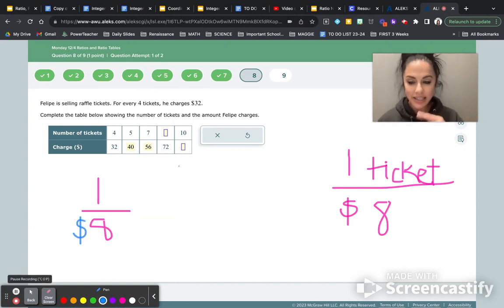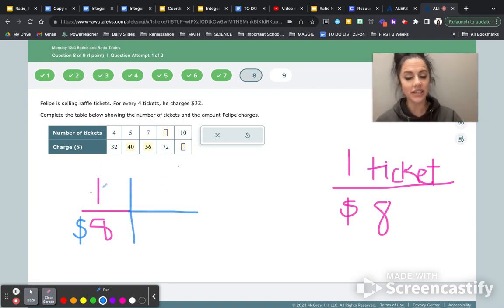And just to stick in the same pattern that we're in right now, I'm going to skip over this middle one because it's asking you to find the opposite. It's asking you to find the number of tickets. So I'm going to stick in the same pattern and go to this one, right? Because we've already done problems where we knew the number of tickets. So let's keep going with knowing the number of tickets. So in this specific problem, instead of having one ticket, we have 10 tickets, right?